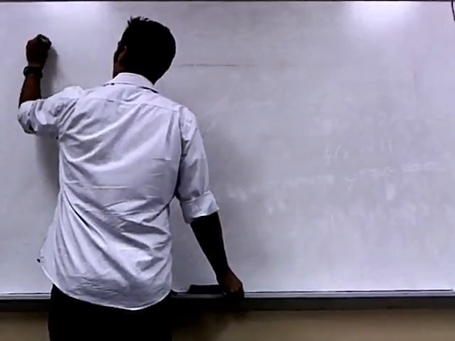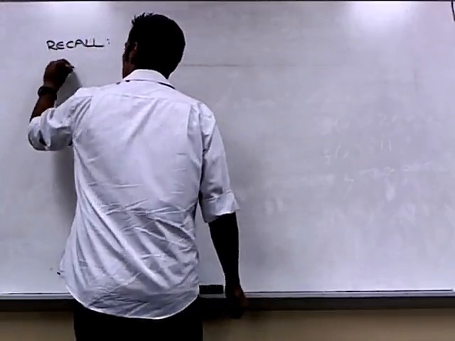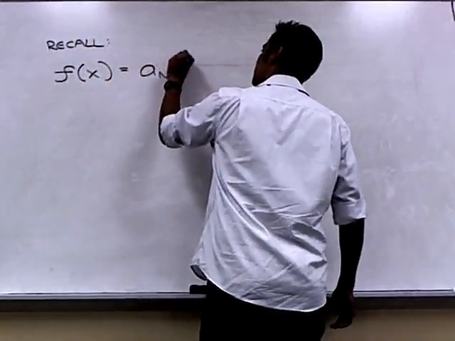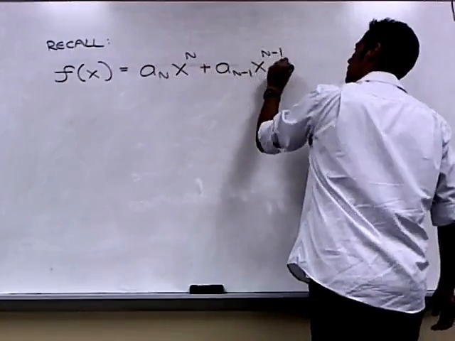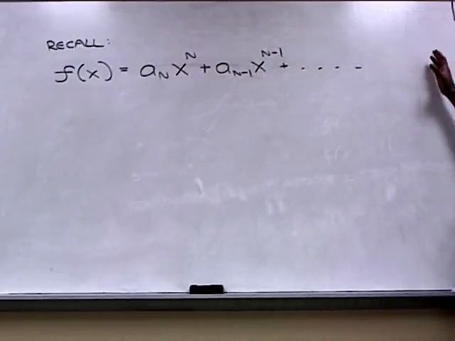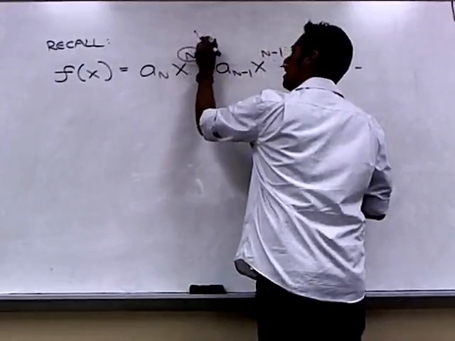So recall, I'm going to refer to something I've already talked about. We said that all polynomial functions look like this. And everyone got sick and didn't like it, right? We said that the n here was the degree of the polynomial.